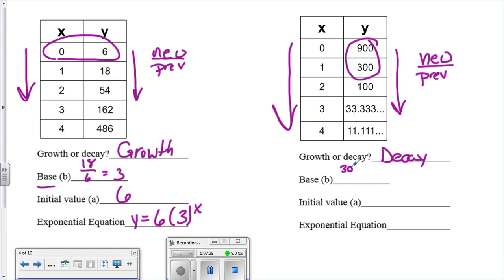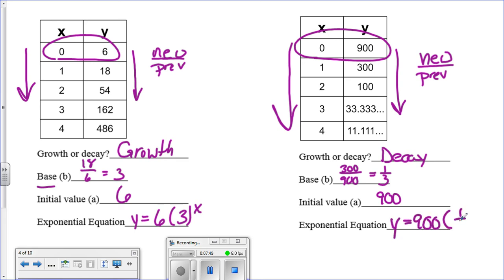So that's 300 over 900, which looks to be a third. Now the next thing that we're going to do is we're going to find our y-intercept, and that's right here, so that's 900. So your final equation is y equals 900 times 1/3 to the x power.